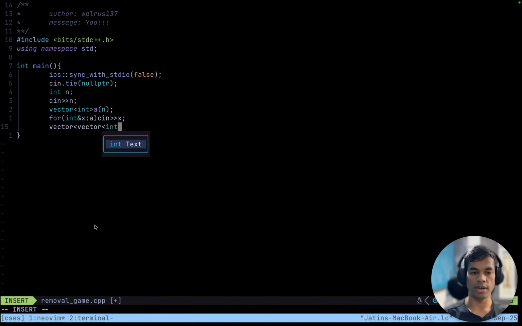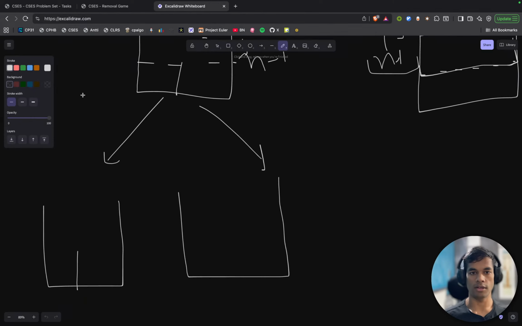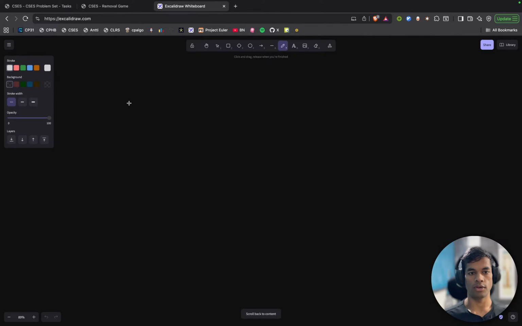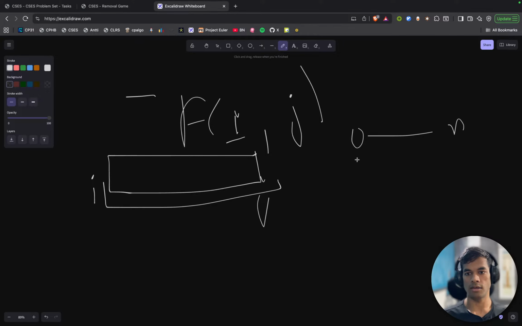This is going to be a two-dimensional vector, and we are going to represent the state using a function f which will take i and j, where i will be the left index and j would be the right index, and we are choosing this subarray from our original complete array 0 to n.